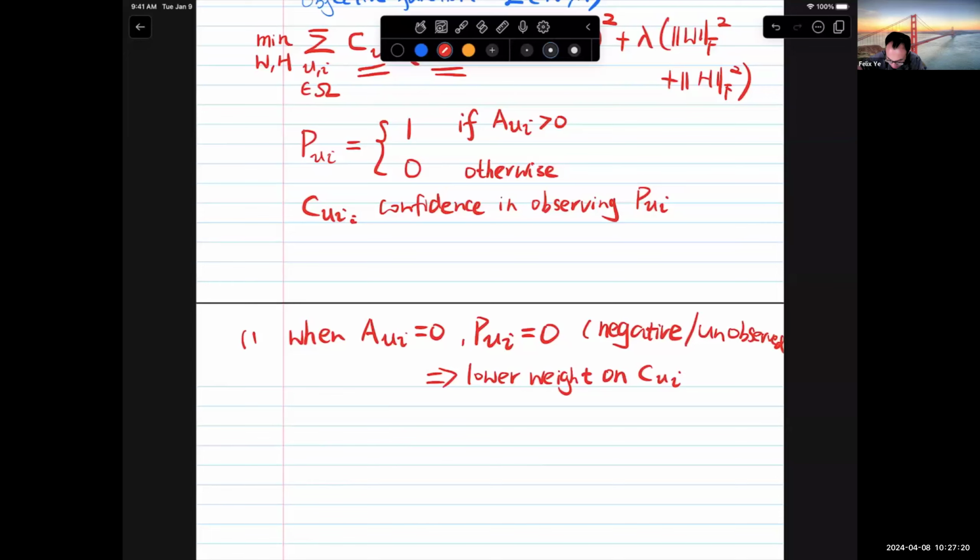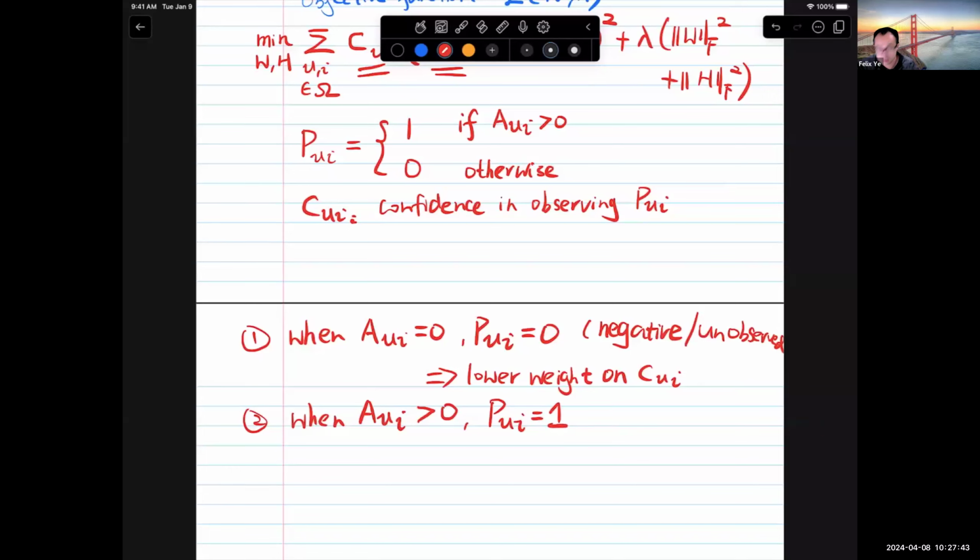So this is the first part. The second part is when AUI is actually equal to 1, bigger than 0, so that means they have certain interactions. Then PUI has to be 1.